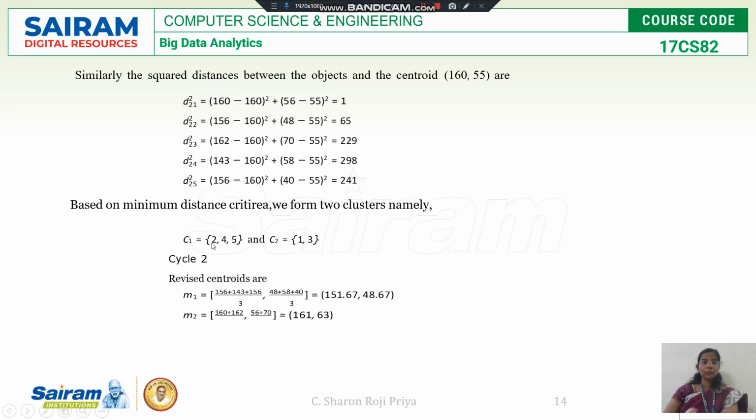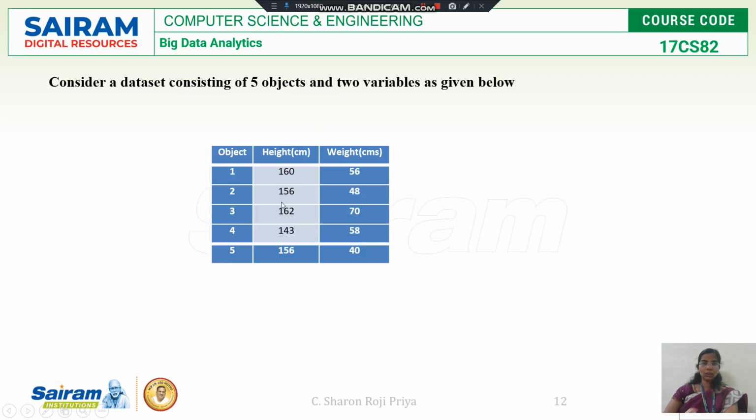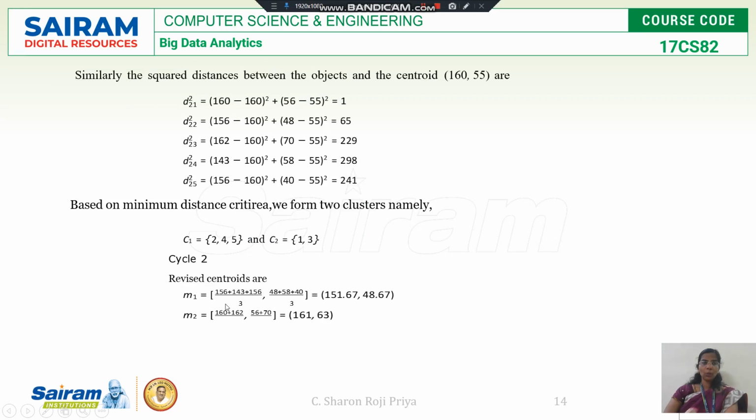Calculate the mean of the data points of the second object, fourth object and fifth object. Since you have 3 objects, you divide by 3. Second, fourth and fifth: 156, 143, 156 divided by 3.